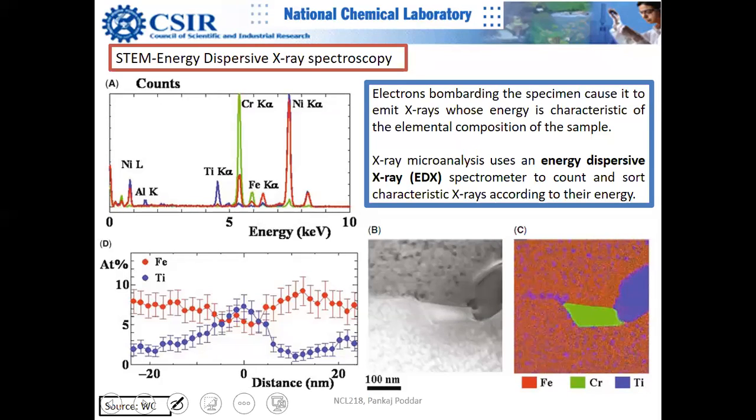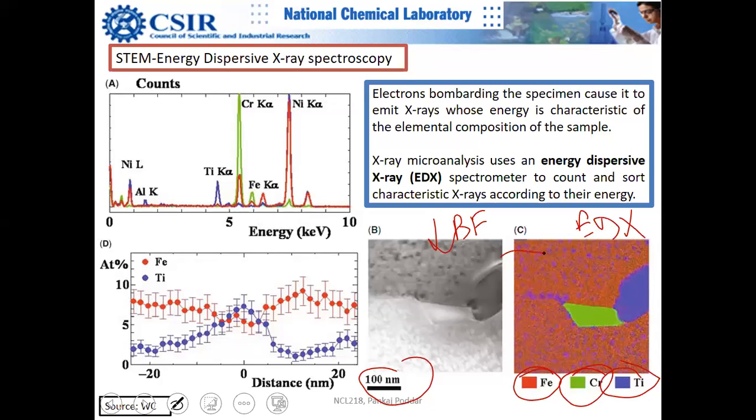You can see that it is an alloy of iron, chromium, and titanium. This scale is the same. This one is the bright field image, and this is actually color coded. This is the EDAX image, taken simultaneously.